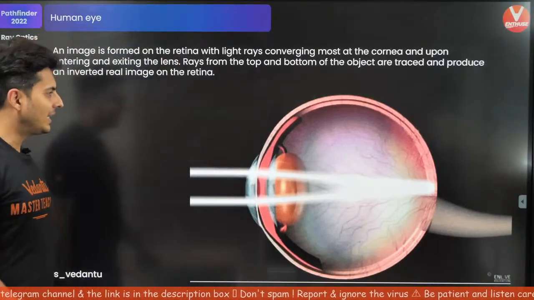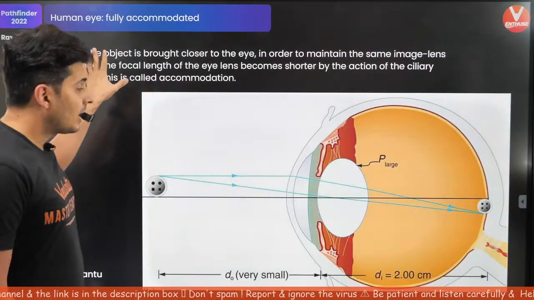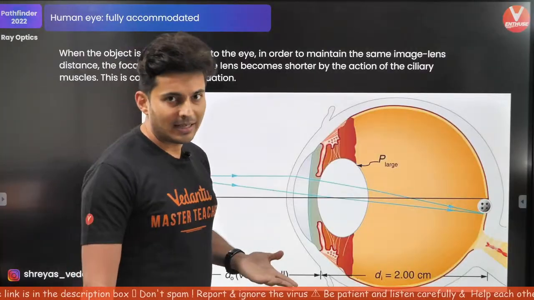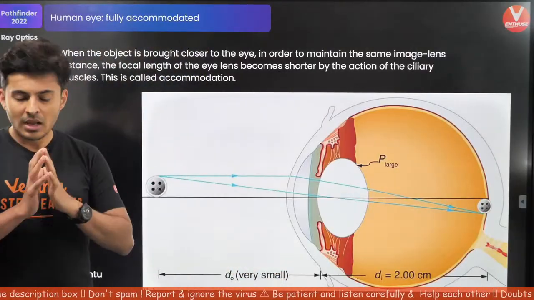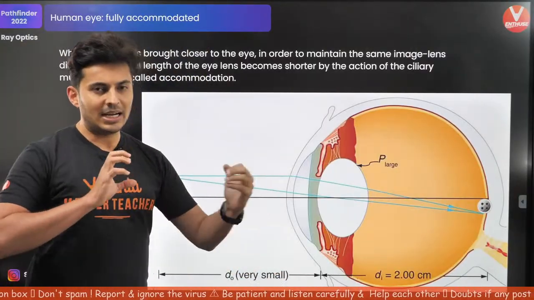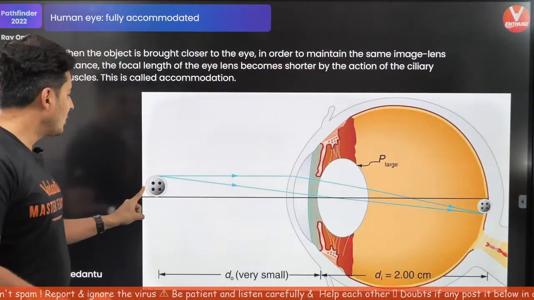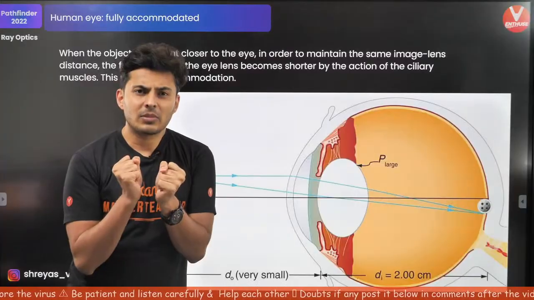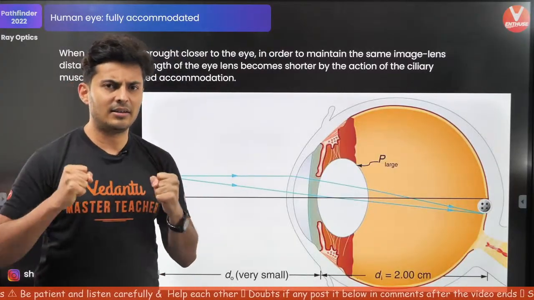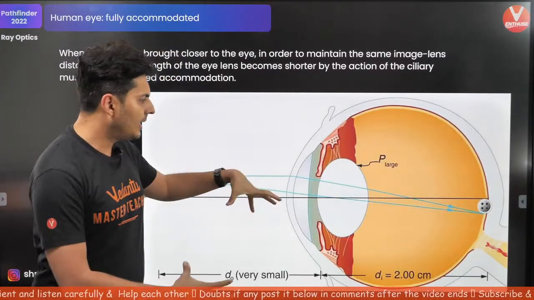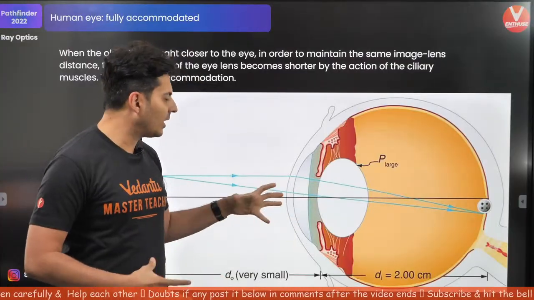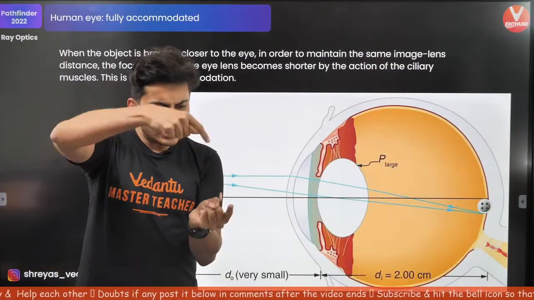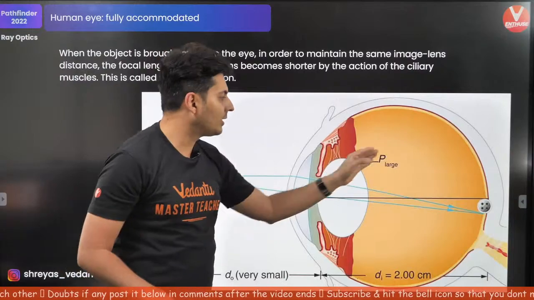Okay. So moving ahead, the accommodation of the eye is also very important. Eyes can accommodate, like I said, by adjusting its focal length. So when you place an object close enough, the eye gets strained. The eye is strained because the muscles are under strain, the ciliary muscles, and it tries to reduce the focal length because when the object is close, it has to converge the rays on the retina.